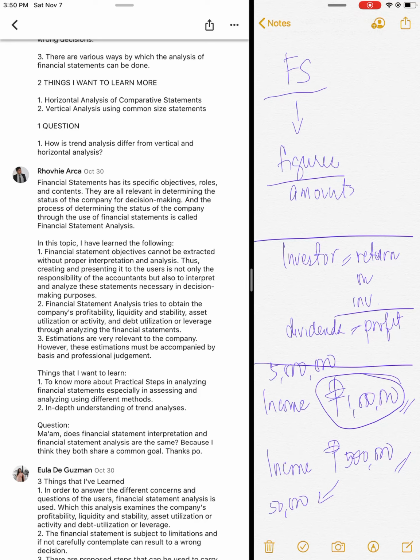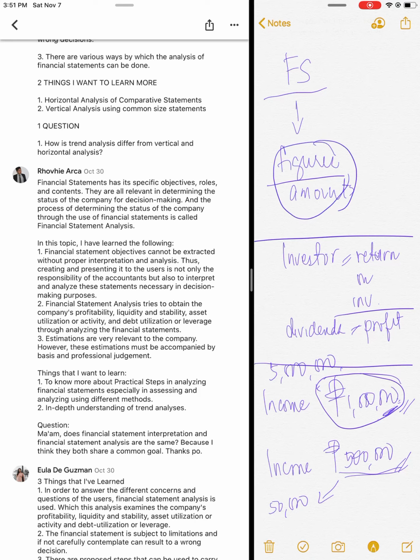Kasi from 5 million to 1 million, this company, although earning a lot or a higher amount compared to 500,000, there is a decline from 5 million to 1 million. On the other hand, even if it is just earning 500,000, it is from a 50,000 income. So, base doon, this is a decrease, this is an increase. It might affect the decision of the investor. Okay? That's why there is a need for financial statement analysis.